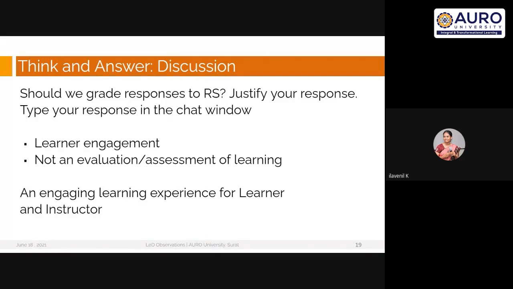And as you've said, at the end, we can grade them. Yes, we can have formative and summative assessment tools later on, but the RS is not one assessment tool. So what is important to remember is that designing an RS and going through an RS needs to be an engaging learning experience for the learner and the instructor.